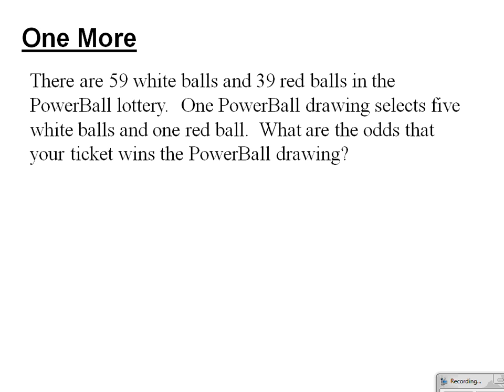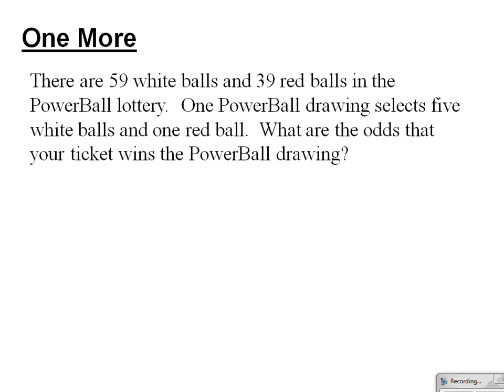What are the odds that your ticket wins the Powerball drawing? So when you buy a ticket, you are randomly given 5 white regular numbers and then 1 Powerball number, 6 numbers in total. What are the odds of actually winning this game?